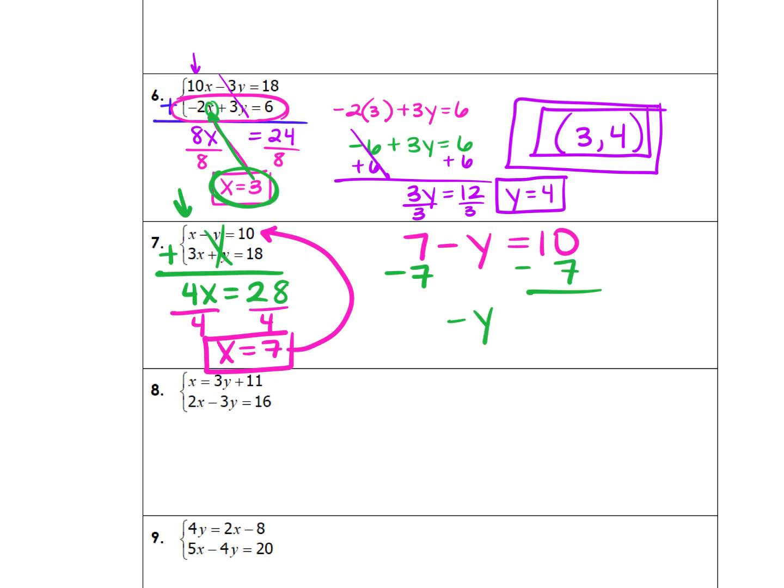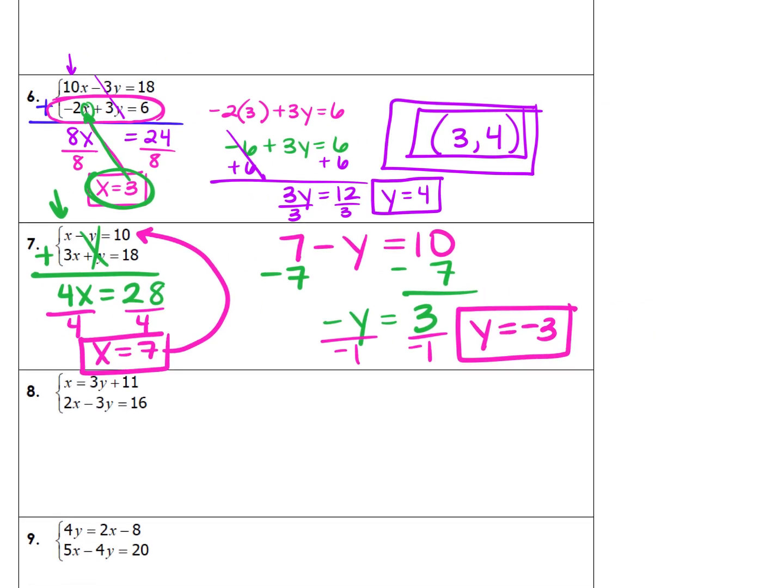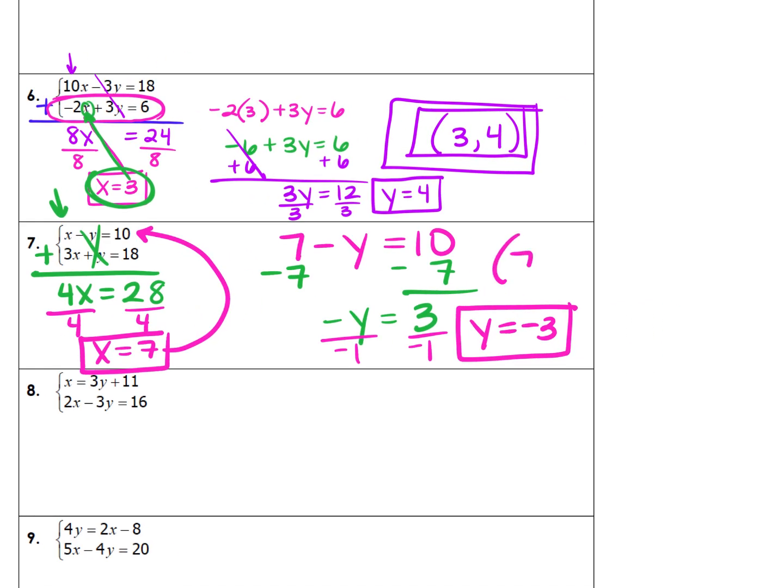And you get negative y equals 3. Okay, your next step is divide by -1 or multiply by -1 would be fine also. And you're left with y equals -3. Okay, that means your final answer here then is 7, -3.